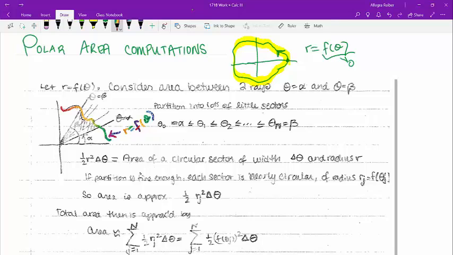The theory is, if I have some whole area that I care about, we always use the phrase area swept out by a polar curve, because as we draw things in polar, they rotate out. They do this kind of movement.